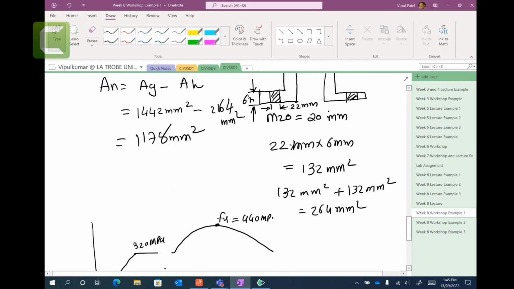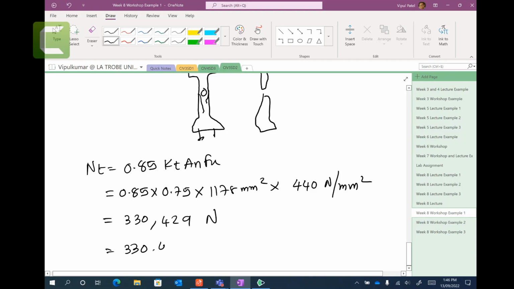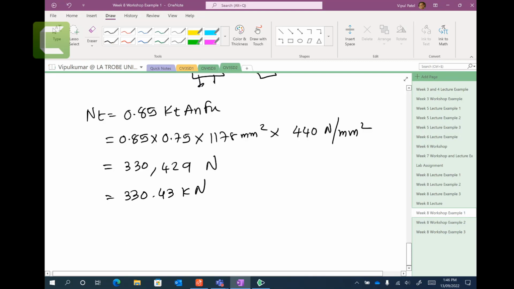Net area was 1178 millimeter square. Fu 440 Newton per millimeter square. If you plug that in, 0.85, 0.75, 1178 times 440, you get 330,429 newtons. Taking it to 2 decimal places, 330.43 kilonewtons.